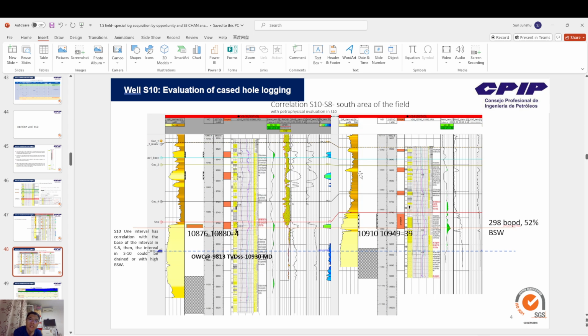Correlation S10 S8 from the south area of the field. S10 Uni interval has correlation with the bits of the interval in S8. So the interval in S10 could be joined, or with high BSW.